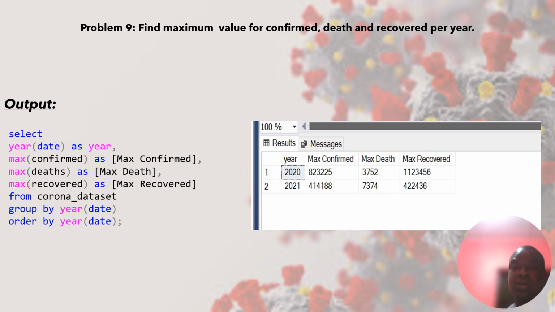For the recovered, the maximum value in 2020 is 1,123,456, and in 2021 we have 422,436.